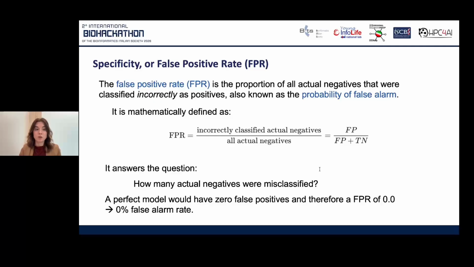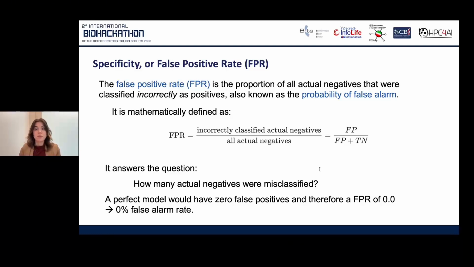So a perfect model would have 0 false positives and therefore an FPR of 0, so a 0% false alarm rate. So in an imbalanced dataset, this false positive rate, whose complement we can also call specificity in some scenarios, is generally more informative than accuracy.